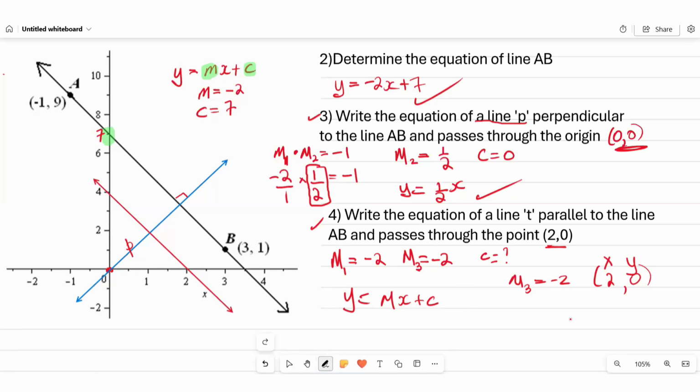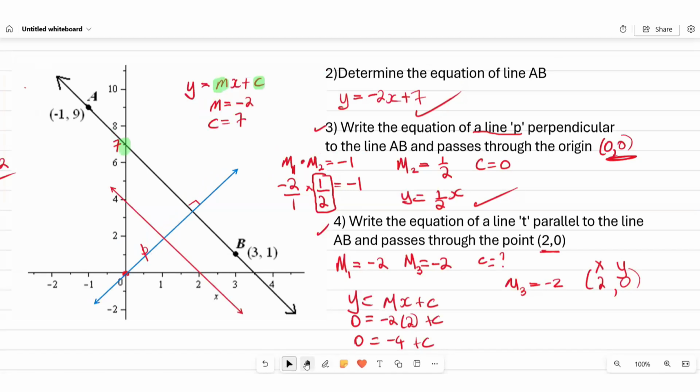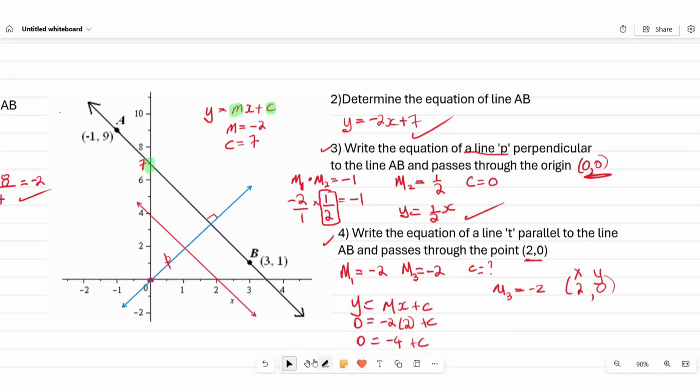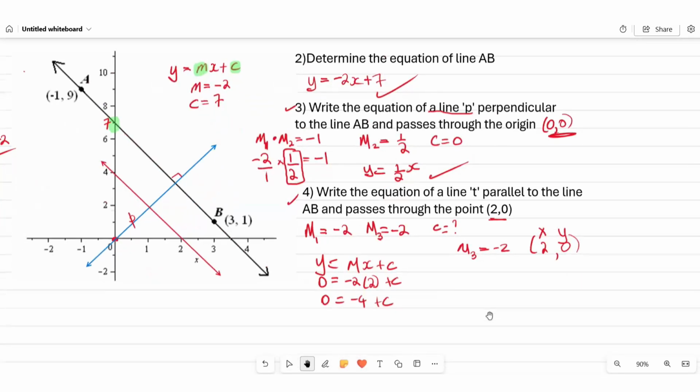I'm going to substitute these three values right here and find c. Let us work this out. So y is 0. This is equal to m, which is -2, and then x is +2, plus c. So as you could see, 0 is equal to -4 plus c, and c is going to be 4. So we're certain that it is 4 right there. The diagram I have seems to have some accuracy to what I just drew.